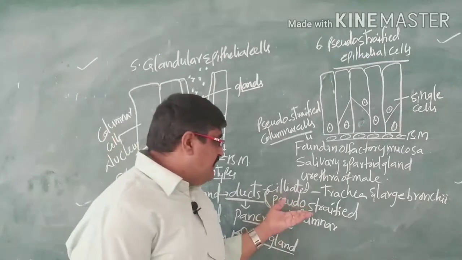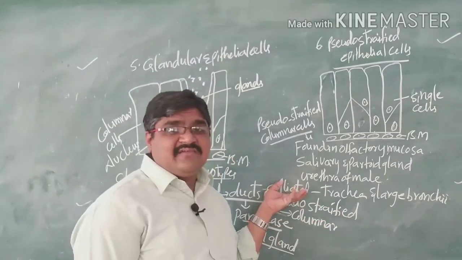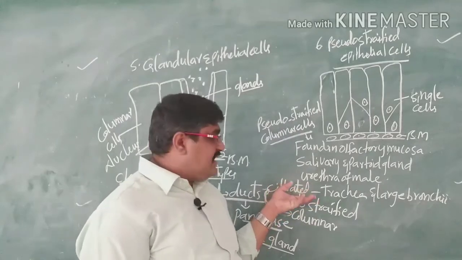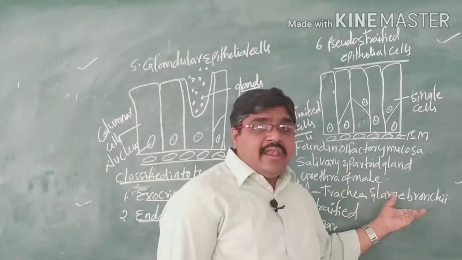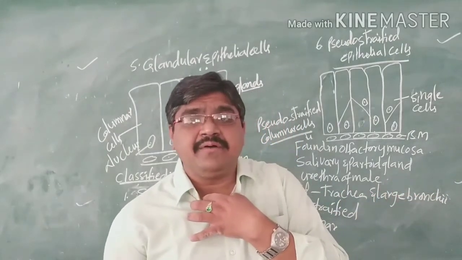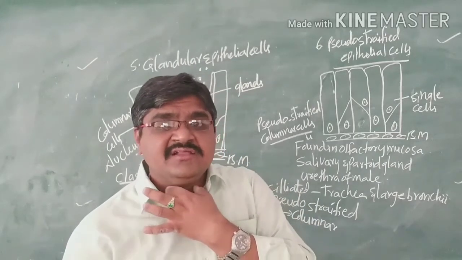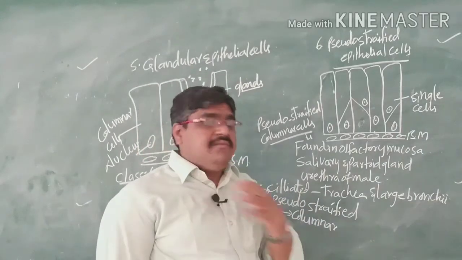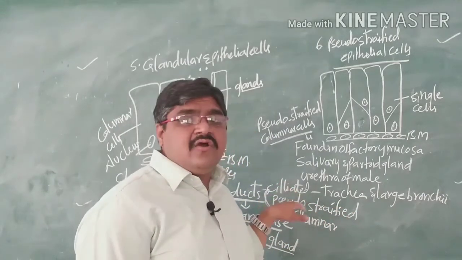And the second one, the pseudo-stratified ciliated columnar epithelial cells, are present in the trachea as well as in the large bronchi. The trachea is the windpipe, where air enters in our body. The windpipe has pseudo-stratified ciliated columnar cells.